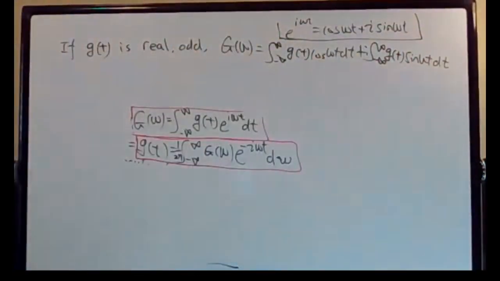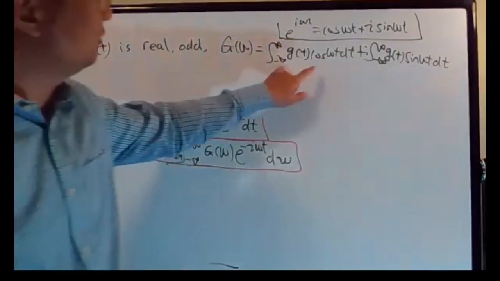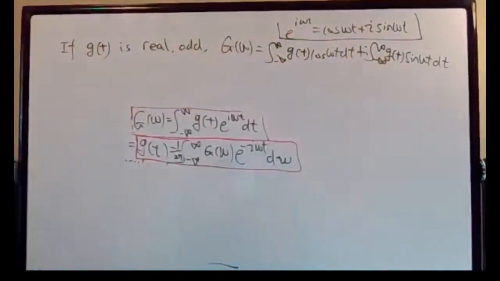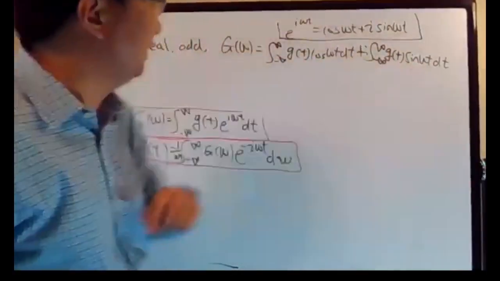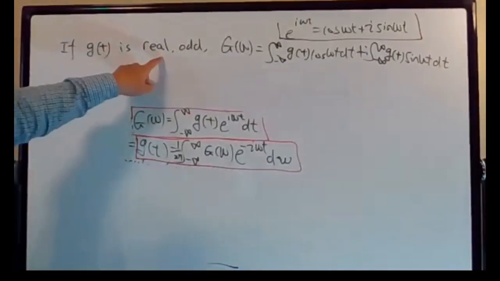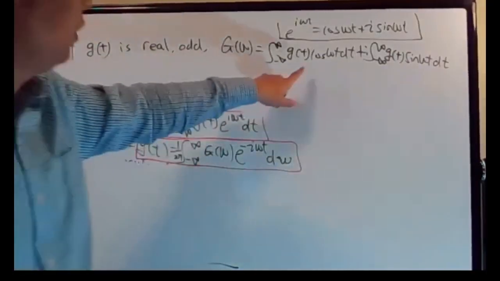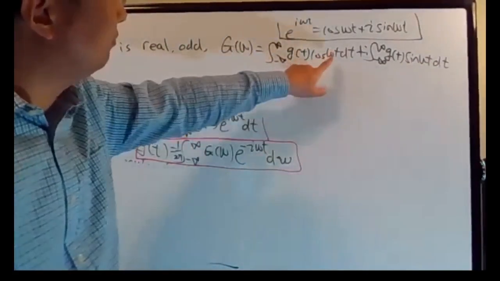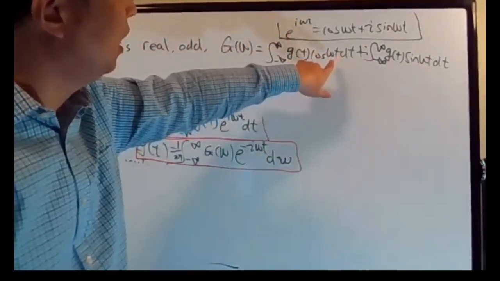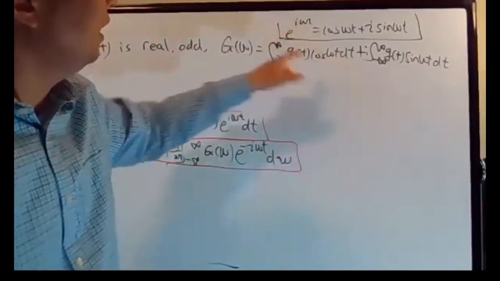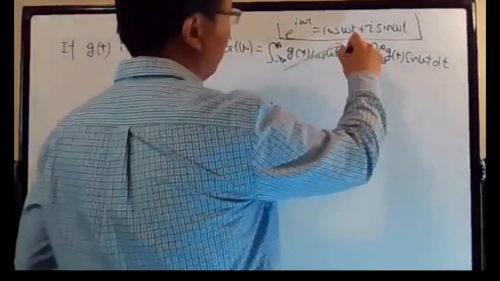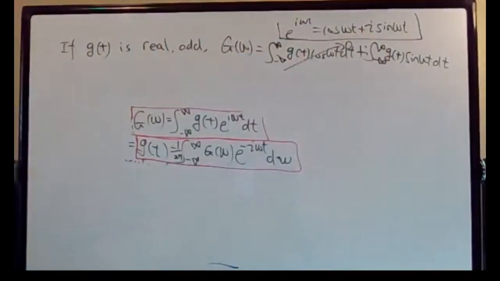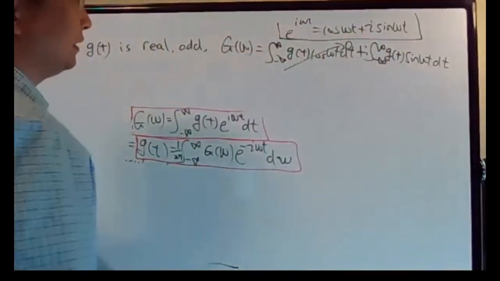So now we separate out two pieces again, the cosine omega t dt and the sine omega t dt, right? But this time g(t) is real and odd. So we have real and odd times even, and this becomes an odd function, right? If I integrate over this function, then it will be 0. This time this will be 0.